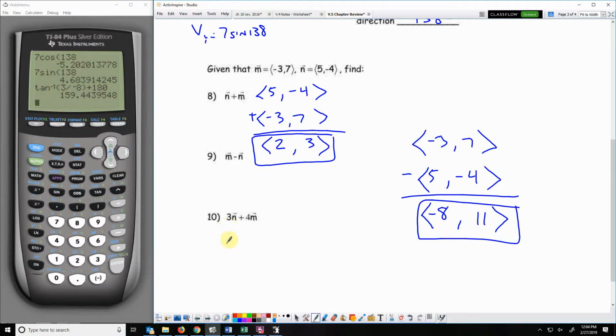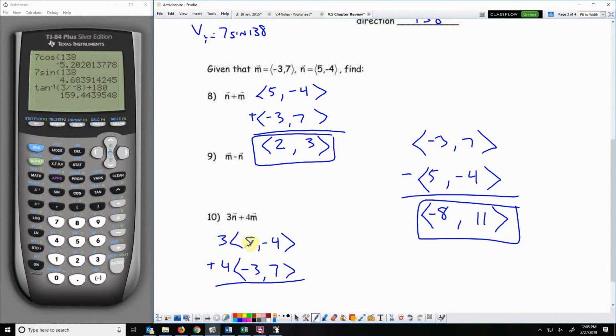And 3 times n, 3 times 5, negative 4, plus 4 times m, so that's 4 times negative 3, 7. Okay, so first I want to do the multiplications.